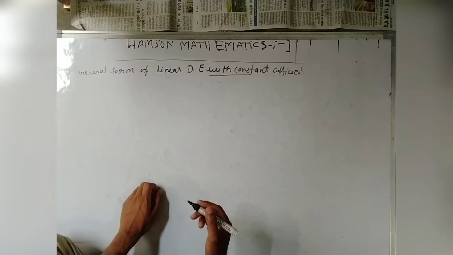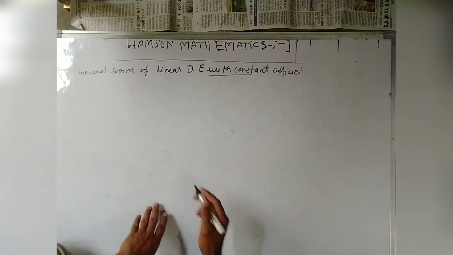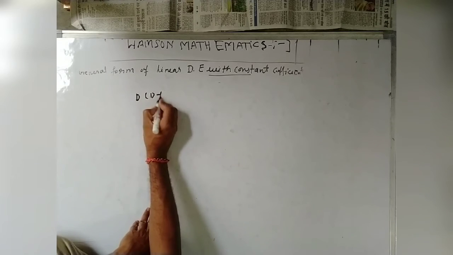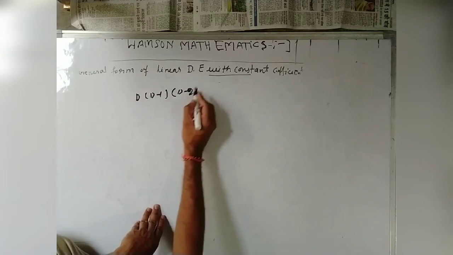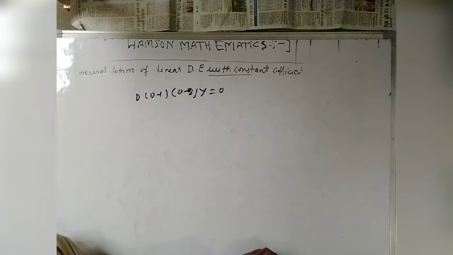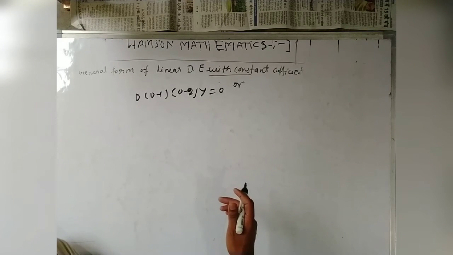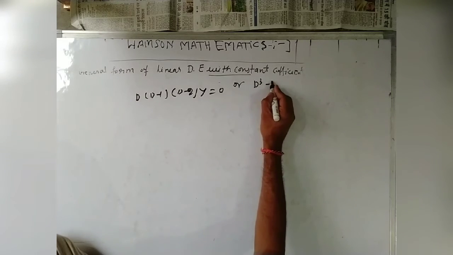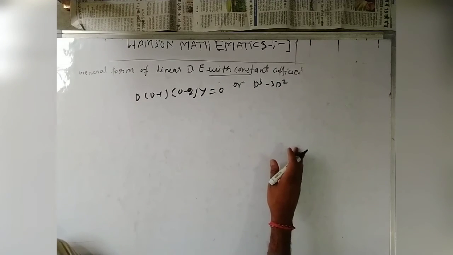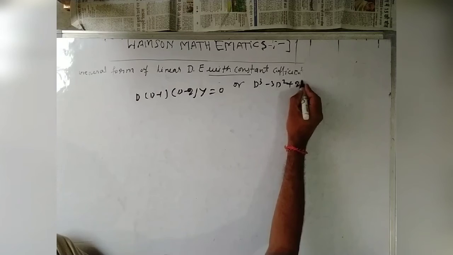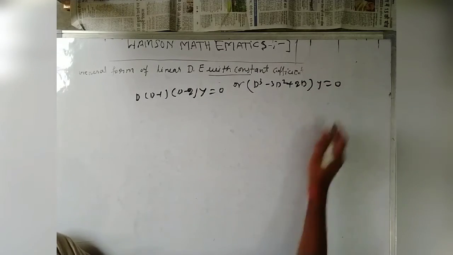D square, D power 4, D minus 1 and D minus 2 into y is equal to 0. This is our equation. Or in this form, D cube minus 3D square plus 2D into y is equal to 0.